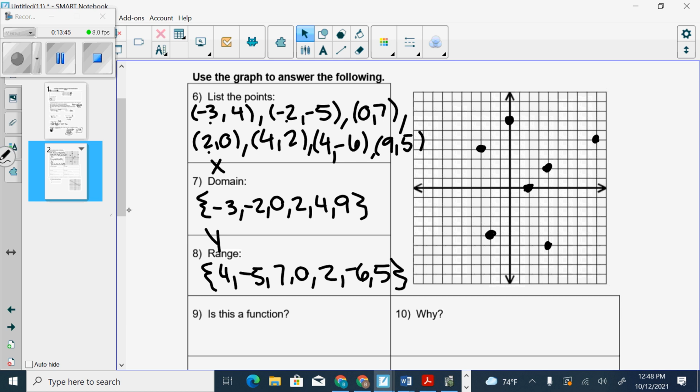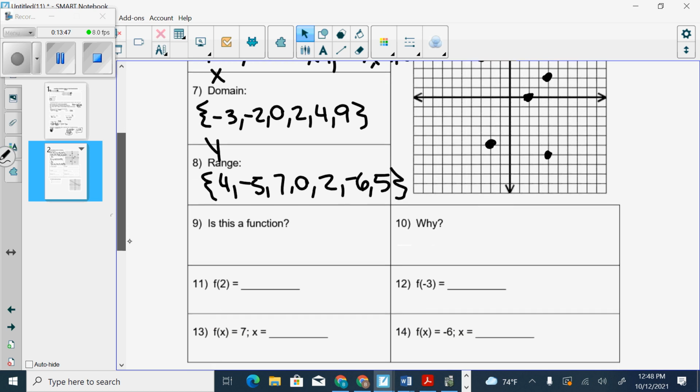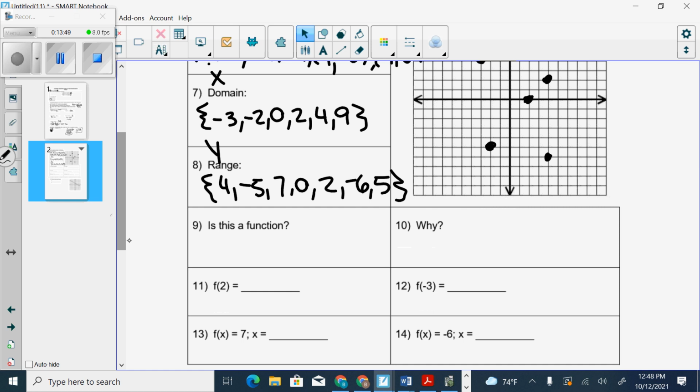And they ask, is this a function or not? No. Why not? We had an x value that repeated. So the x value of 4 repeats. Very good.